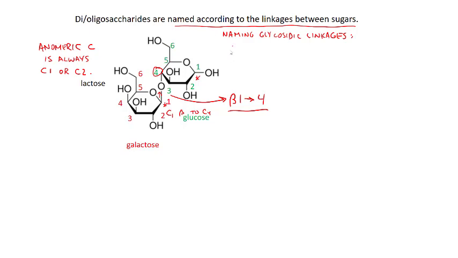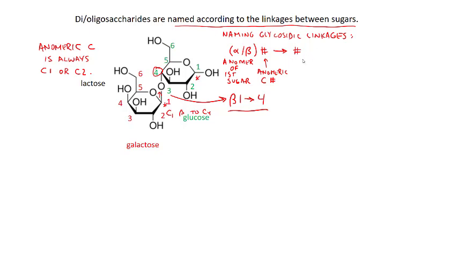So it's always going to be something of the pattern alpha or beta, a number, an arrow, and another number. So the alpha or the beta is the anomer of the first monosaccharide or the first sugar. The number is the number of the anomeric carbon.